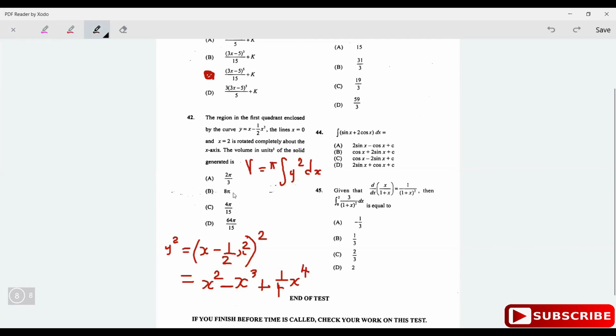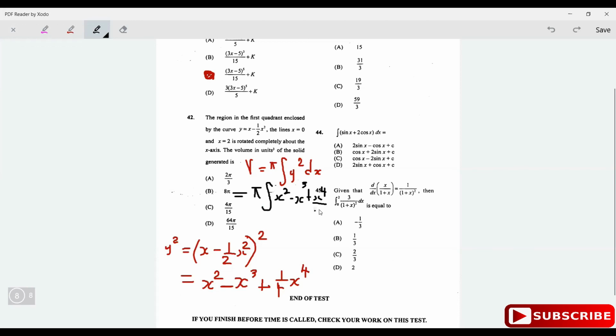So the volume is now equal to pi times the integral of all of this. We're integrating x squared minus x cubed plus x to the 4 over 4.